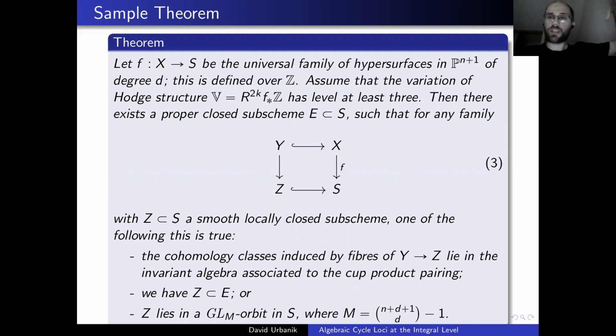I mean that there are some algebraic cycles that are already defined over all of S, that come from cup product and certain other cohomological invariants that you get over all of S. So you're either getting one of those, in which case you're getting nothing new, or Z lies in this locus E, or Z lies in a GL_m orbit in S.